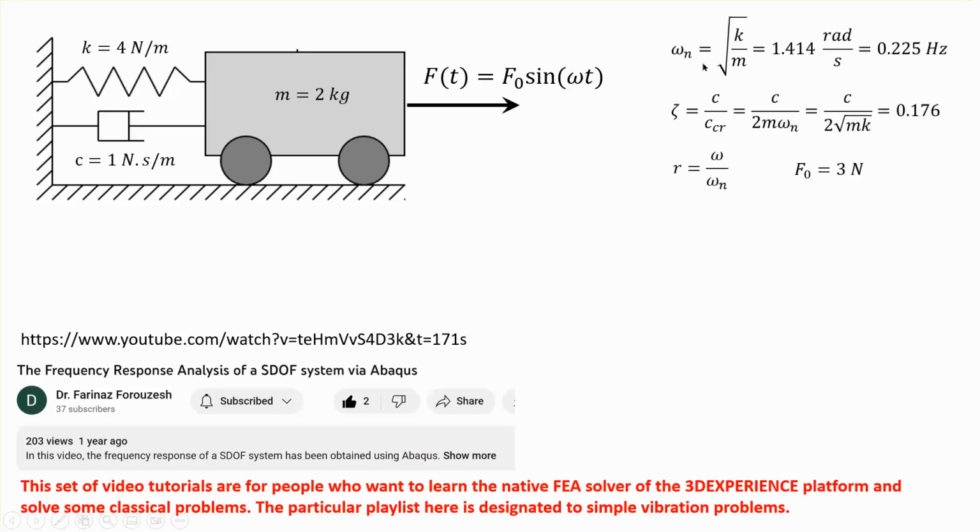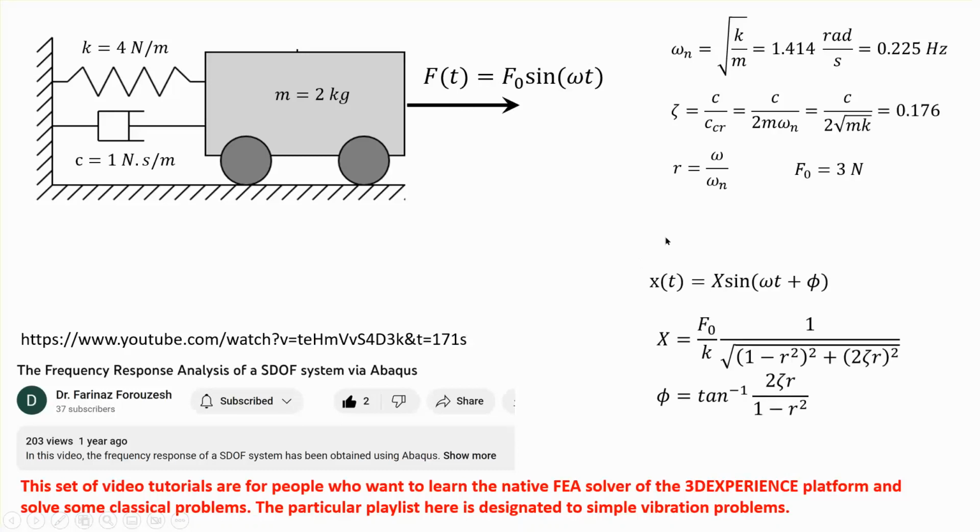If you need to do the hand calculation, you find it in any standard third-year undergraduate vibrations class or textbook. You need the natural frequency and the frequency ratio, omega over omega n. Omega is the frequency of the applied load, or the driving frequency, and F0 is the amplitude of the sinusoidal load.